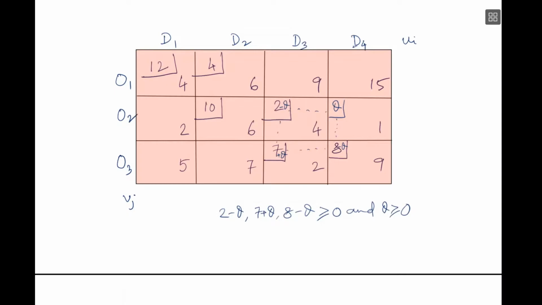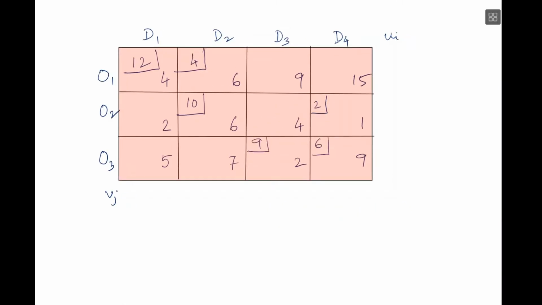This is our requirement, and this can be fulfilled if we choose the maximum value of theta as 2. If we choose the value of theta as 2 at max, then all these conditions will be satisfied, and then the allocation at the cell 2,3 becomes 0, that is, it will now become an unallocated cell, it will be freed. So we have the next allocation table like this.